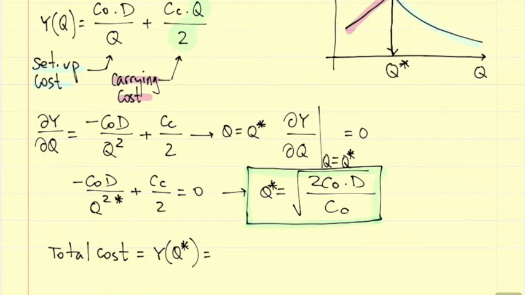Well, we can add demand times the price. It's no problem. Demand times the price, and then we have it all.